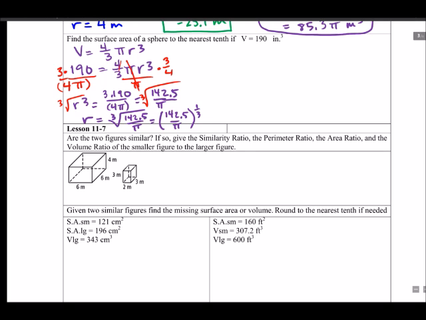Now we need to do surface area. Since we have our radius, surface area is just 4 pi r squared. And so I'm going to substitute in 4 times pi. Now my radius is 142.5 over pi to the 1/3, or the cube root, however you choose to do it.